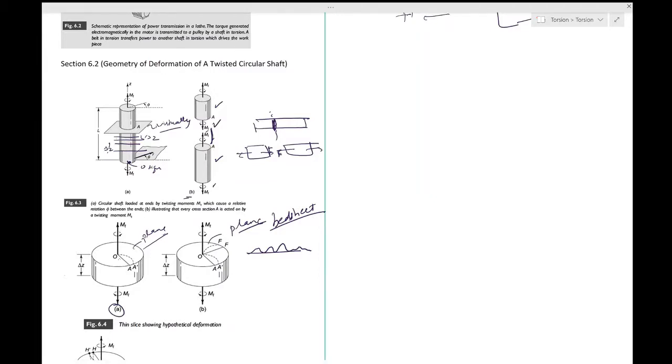This is not happening over here. All the deformations are acting in the plane itself. So a plane surface remains plane, and we can demonstrate this by a simple symmetry argument. Let's see how that happens.